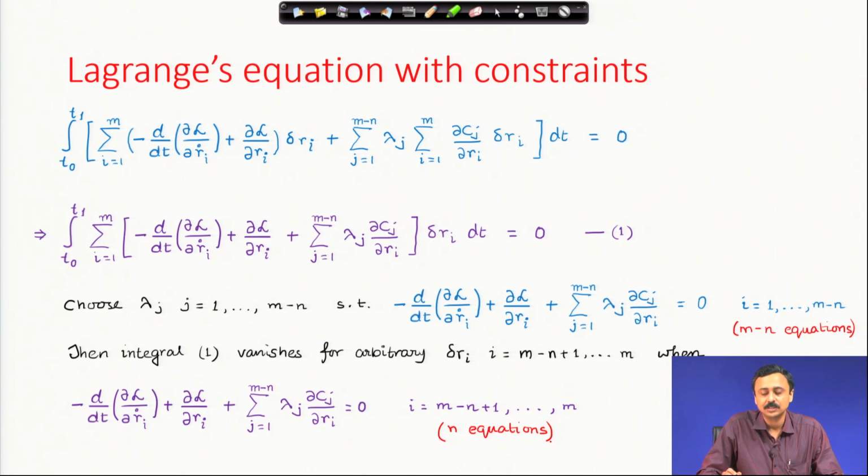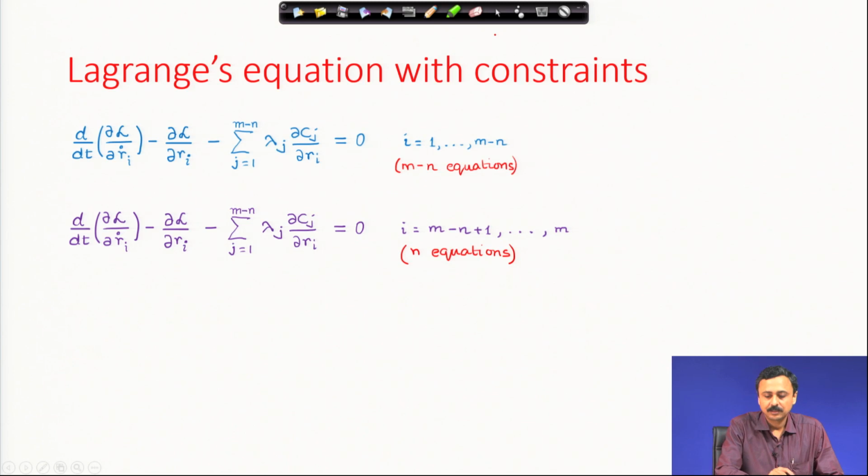These are n equations. Therefore, finally, what we have is the m minus n equations, which were vanished by choice of m minus n lambdas, and the rest of the n equations were vanished because the variations were arbitrary.